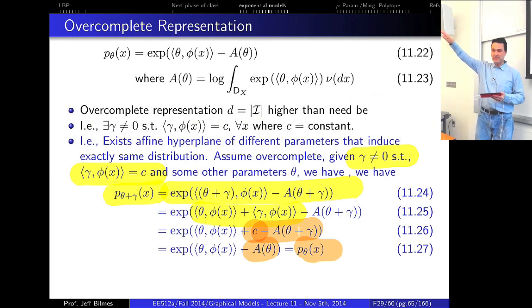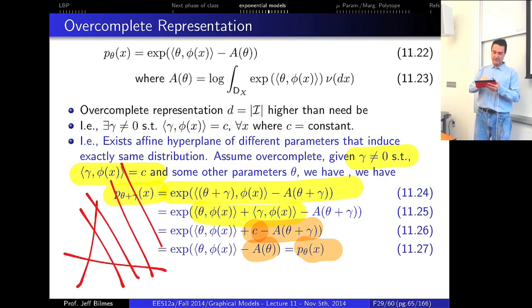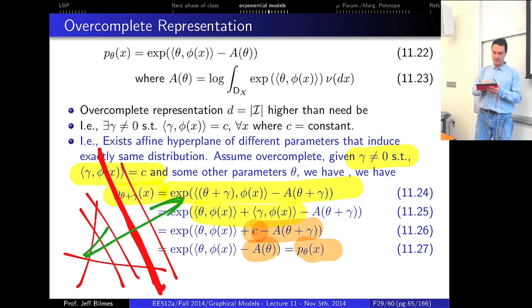There's this affine dimension, gamma, where nothing changes, where the distribution is exactly the same. So you can move in this affine dimension. You can think about it like there might be a whole bunch of affine dimensions where, if you move up and down, you're not actually changing the probability distribution. The distribution is really only changing along this direction. So that would be an over-complete representation.